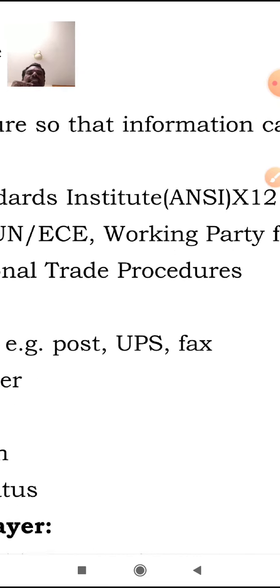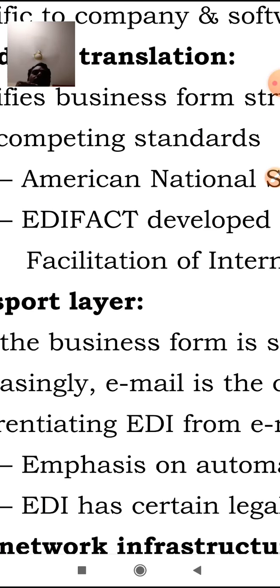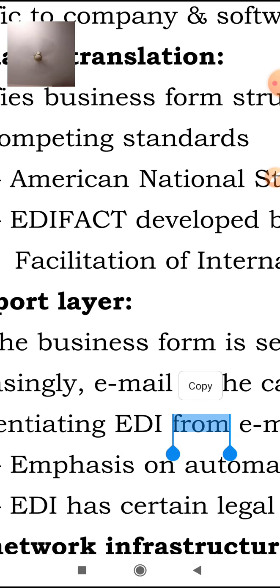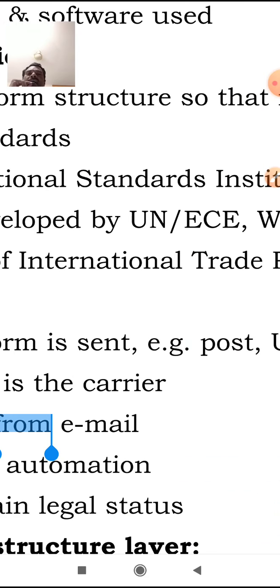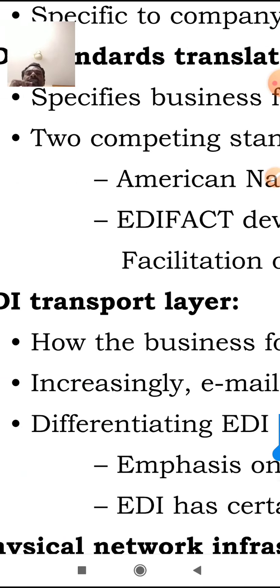While international trade procedures are going on, the information must be converted into either ANSI X12 or EDIFACT. If EDIFACT conversion is done, the data is easily interchanged in international trade procedures. In the international world you can exchange information from one source to the destination.